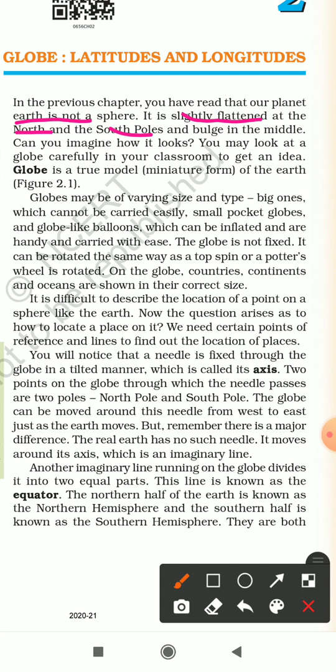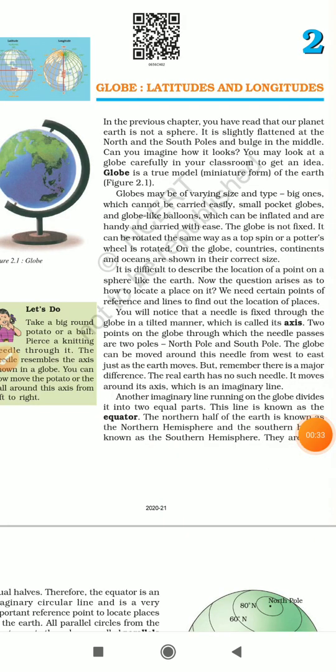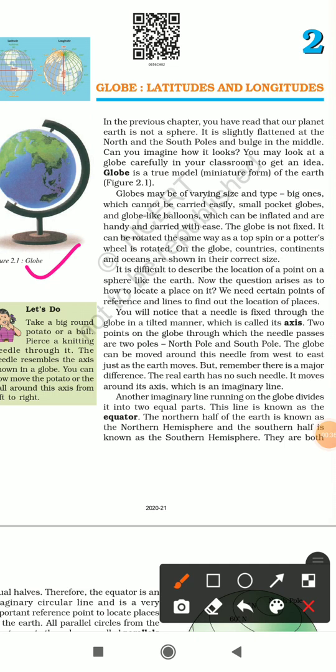Now, let us understand what a globe is. The globe, as you can see in this picture, is a miniature form or true model of the earth. Globes can be of different sizes and types, big ones, small pocket globes, globes like balloons, etc. Now, the globe is basically not fixed.